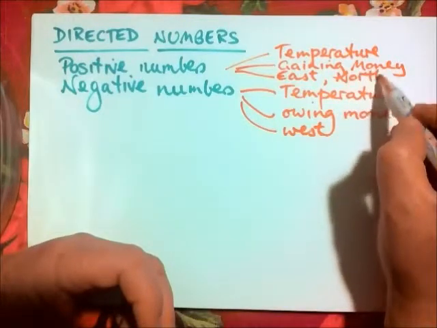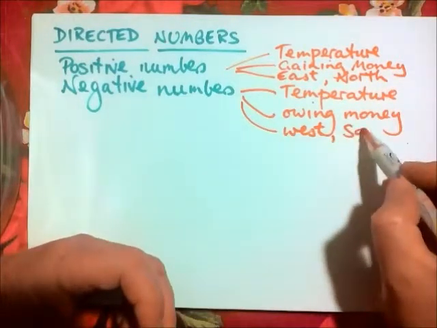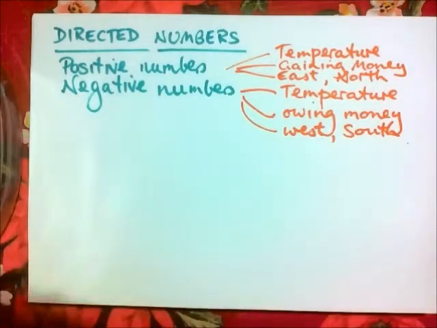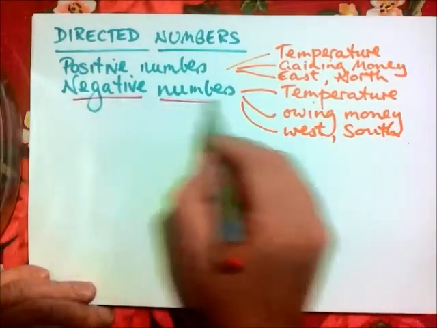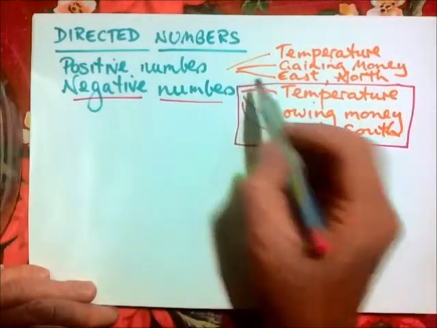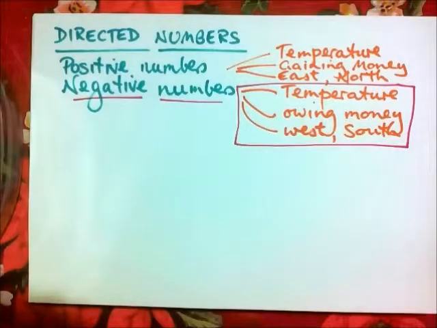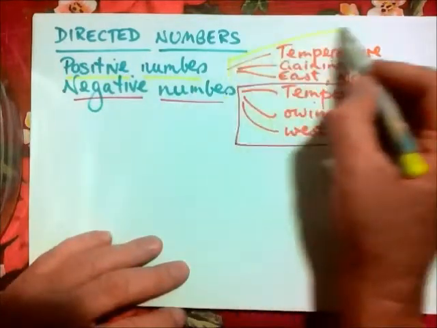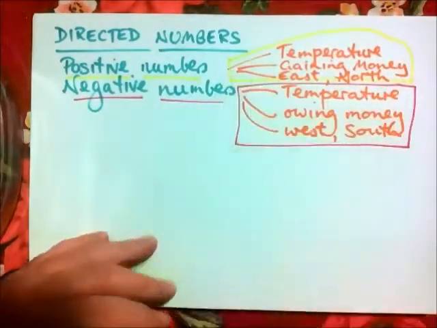So right and up are positive, left and down, south are negative. So consider the sort of situations you may meet up with negative numbers, and consider the sort of situations you may meet up with positive numbers.